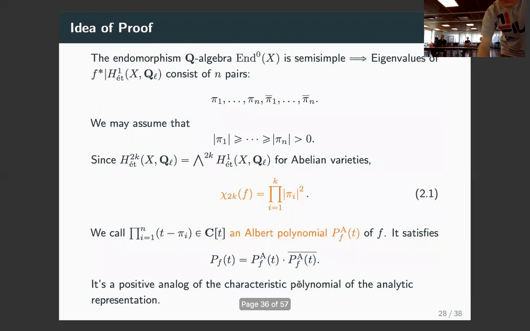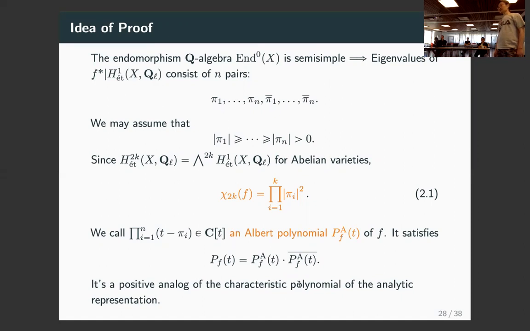Okay, so the idea of this proof is as follows. First of all, we know that the endomorphism algebra of Abelian varieties is very simple. Using this fact, I can show that all eigenvalues of this pullback on H^1, for Abelian varieties we only need the most interesting H^1, consist of n pairs: pi_1, pi_2, ..., pi_n, and their complex conjugates.